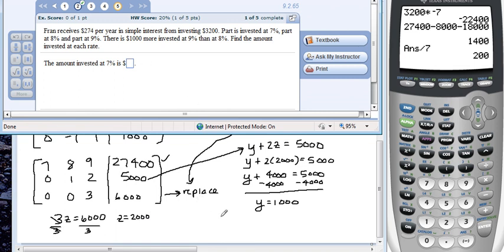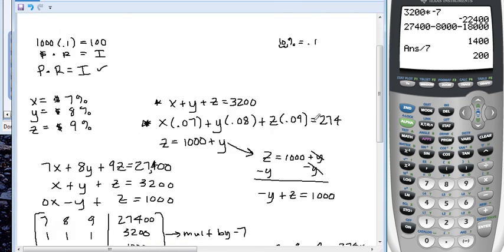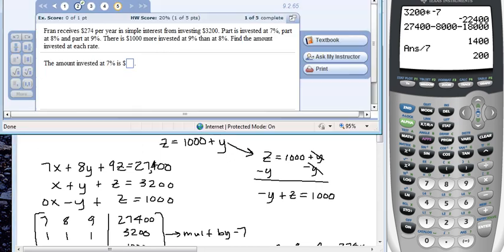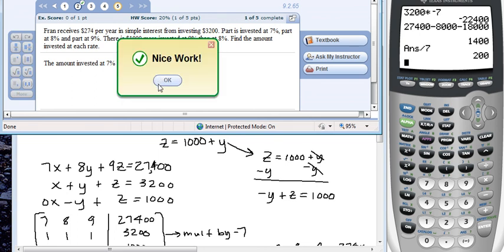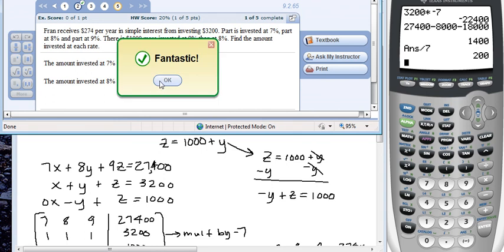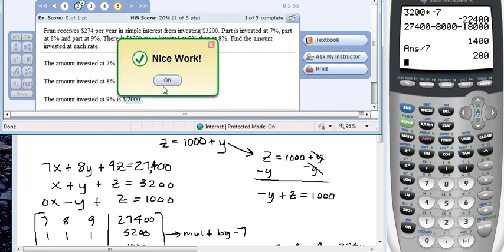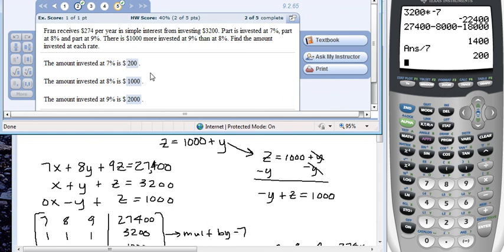I'd take that first equation, right here, and throw those numbers in there, X, Y, and Z, and see if it equals 274. Okay? So she invested $200 in the 7% account, $1,000 in the 8% account, and $2,000 in the 9% account. Okay?